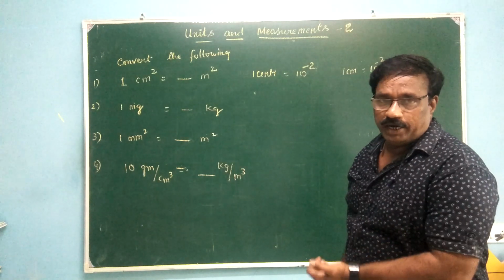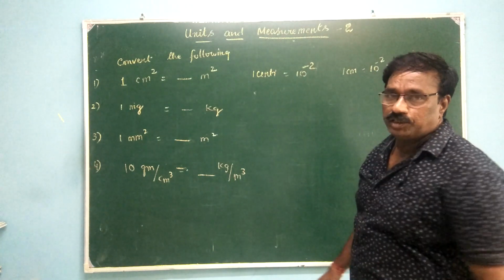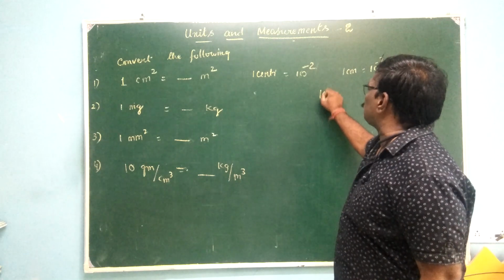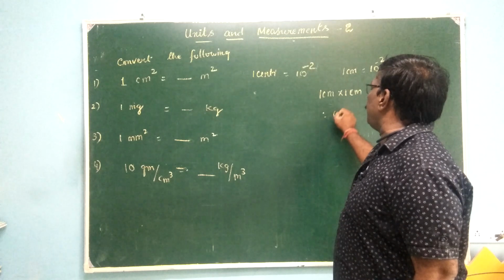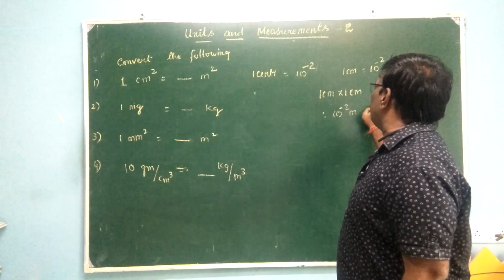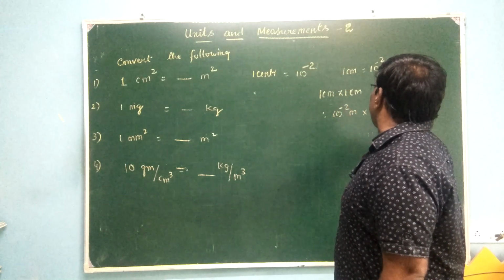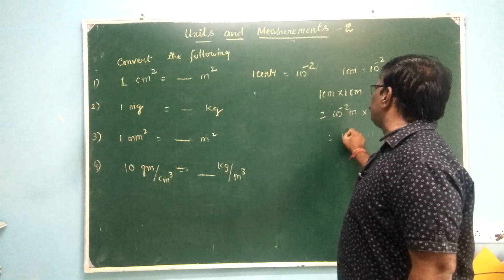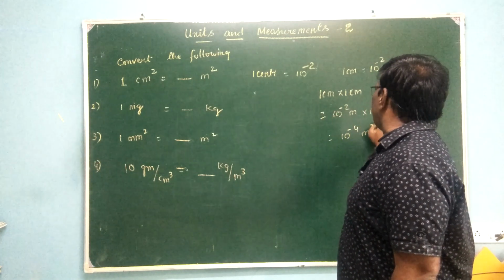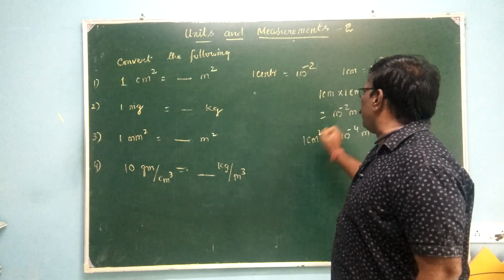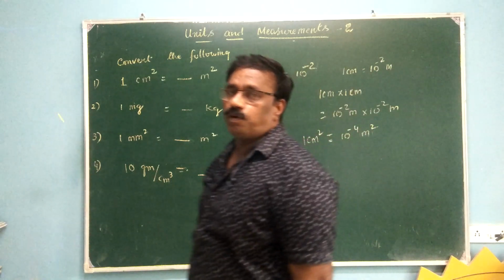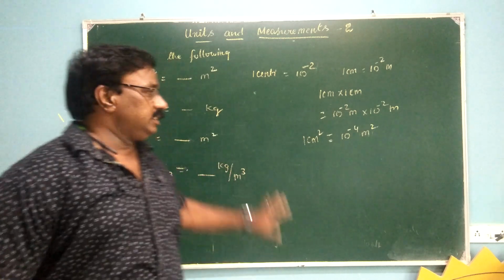So 1 centimeter square means 1 centimeter into 1 centimeter. This I can write as 10 power minus 2 meter into 10 power minus 2 meter. 10 power minus 2 into 10 power minus 2 becomes 10 power minus 4 meter square. So finally I can write 1 centimeter square as 10 power minus 4 meter square. This is the way to convert.